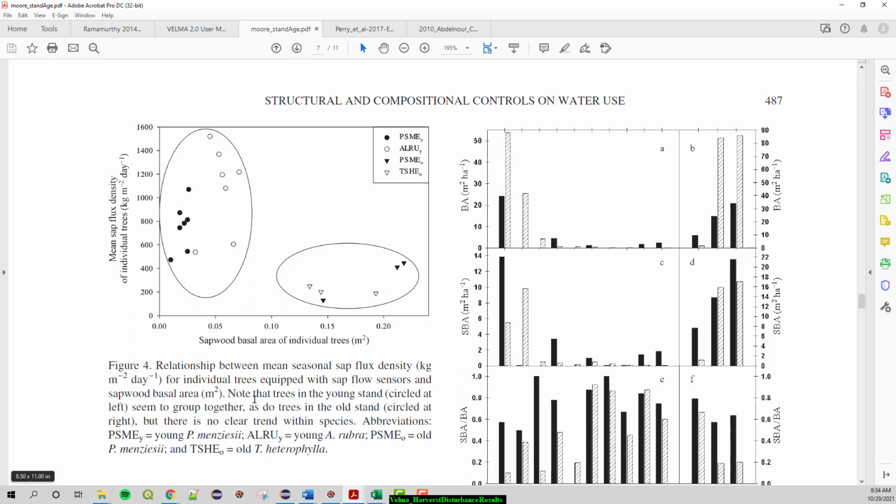Seeing here, if you read the description here, they notice that younger trees are all clustered together versus the older trees. And so the older trees here have a much lower sap flow flux versus these younger trees. And this is because the younger trees here are having water move up through their system much quicker, as younger trees are using up more water compared to the more established older trees.